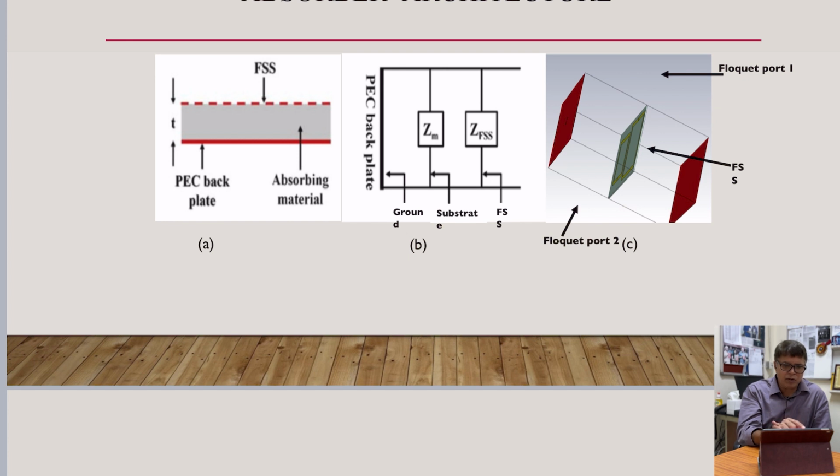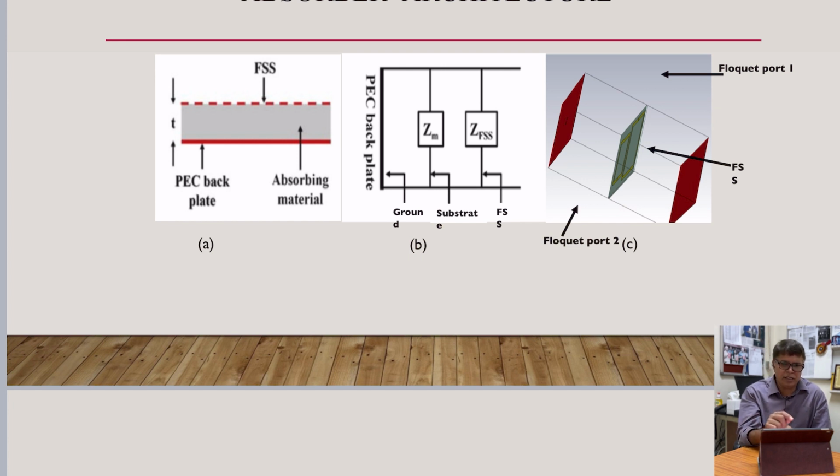As the FSS is metallic, it will also offer some resistance, and this way the charge gets converted into currents. When these currents travel through the conducting surface and the dielectric, they offer two different losses: one is dielectric loss and another is conduction loss.